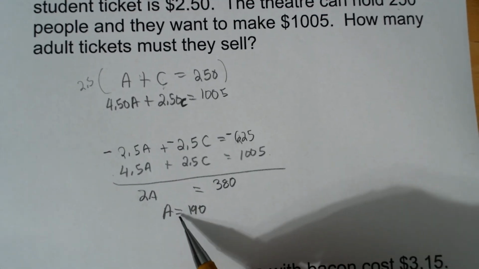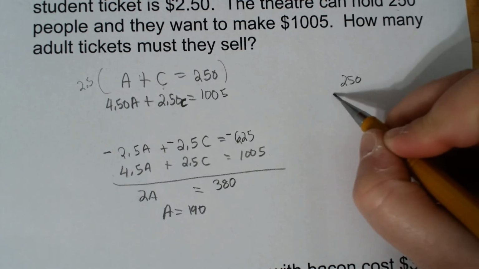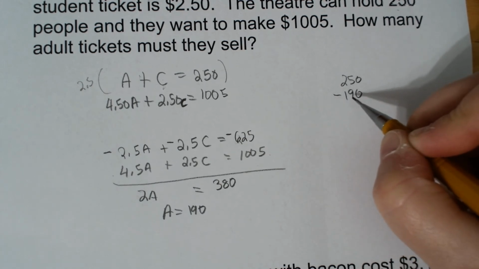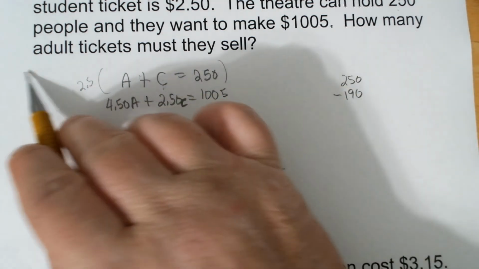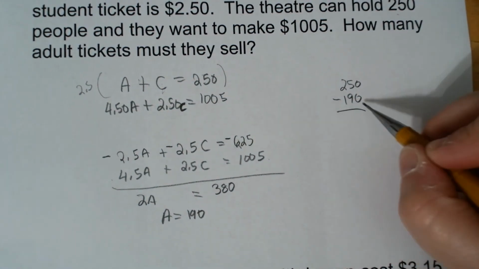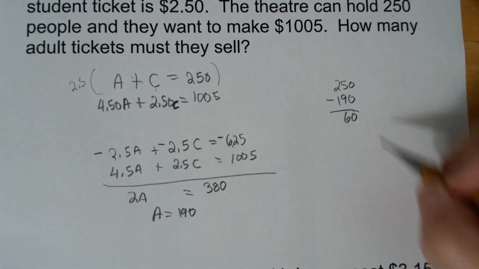So a was my adults. So 250 total minus 190. Oh, it doesn't even ask how many, but I'm going to do it anyways. Is 60 children.